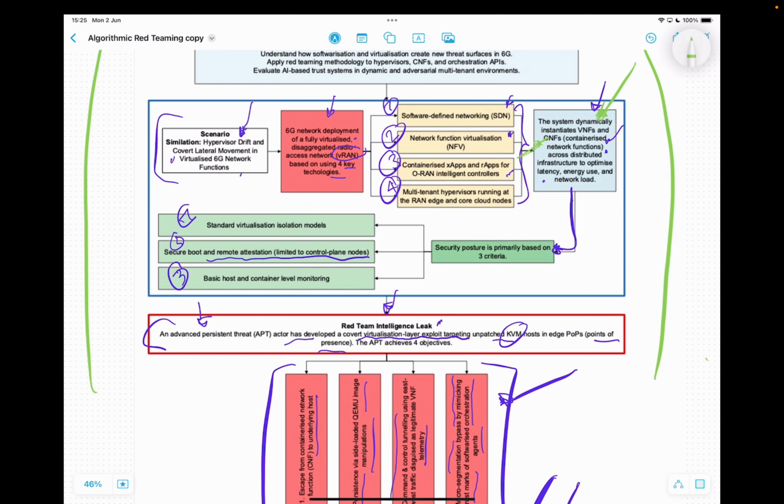Then we move to east-west movement with the SDN rule injection. And this is again referring to the VNFs and CNFs, which are containerized network functions.